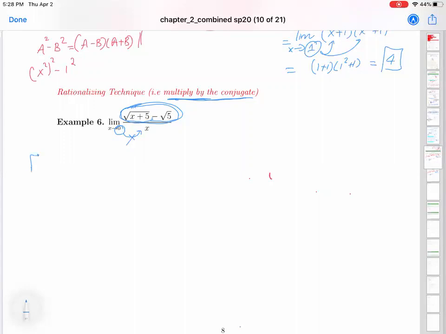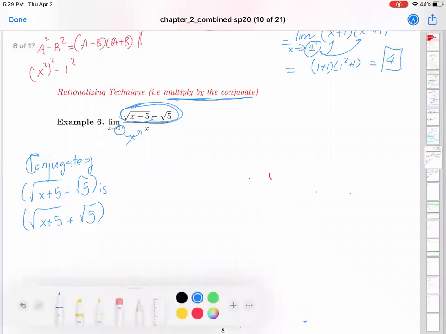So the conjugate of square root of x plus 5 minus square root of 5 is square root of x plus 5 plus square root of 5. They call it conjugate because when you multiply these two terms together, you will get rid of the radical terms.